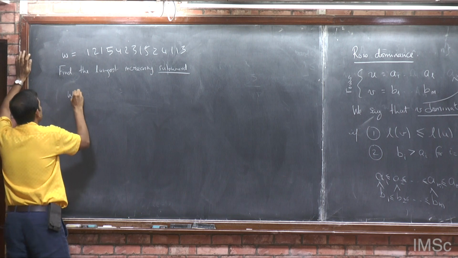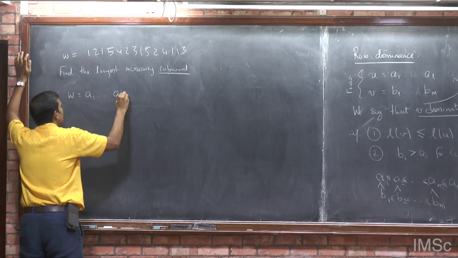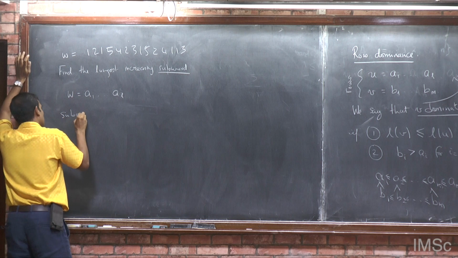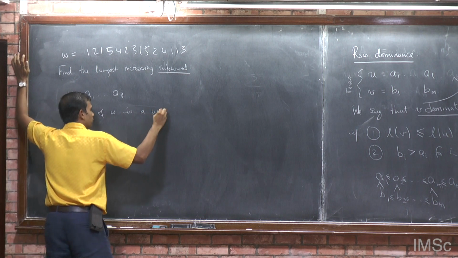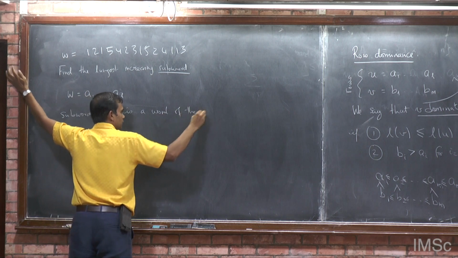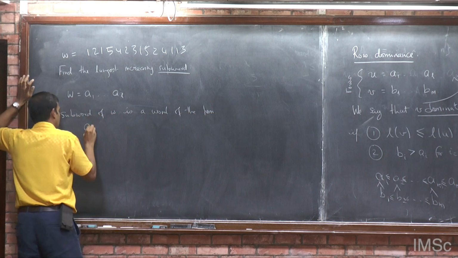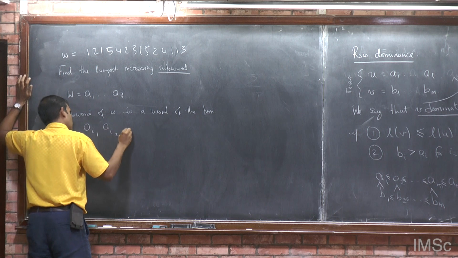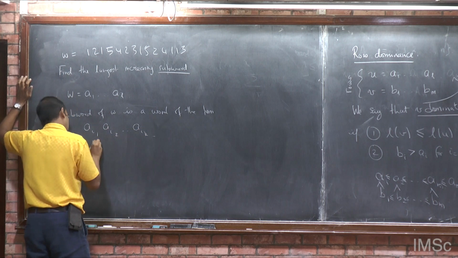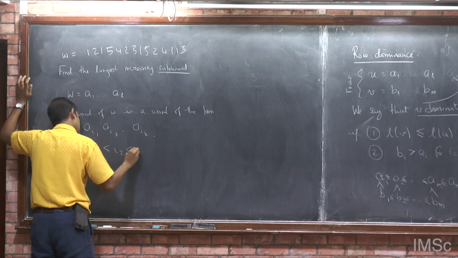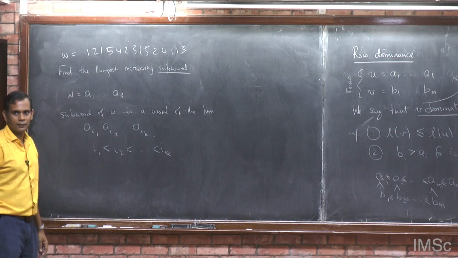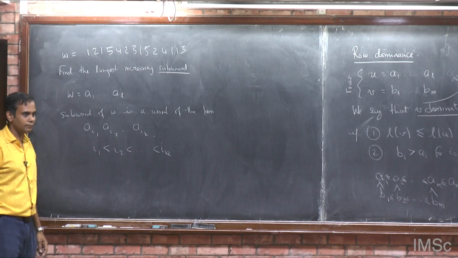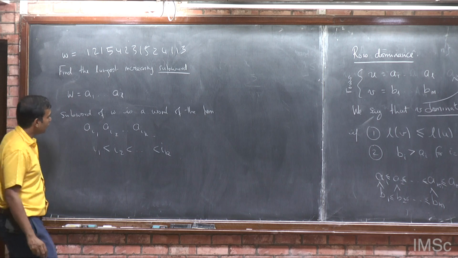If w is a_1, a_2, ..., a_l, then a subword of w is a word of the form a_{i_1}, a_{i_2}, ..., a_{i_k}, where i_1 is less than i_2 is less than ... i_k.